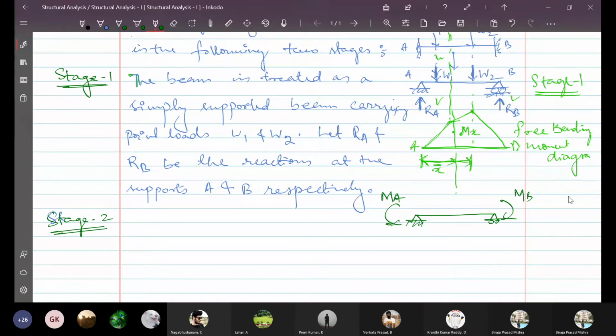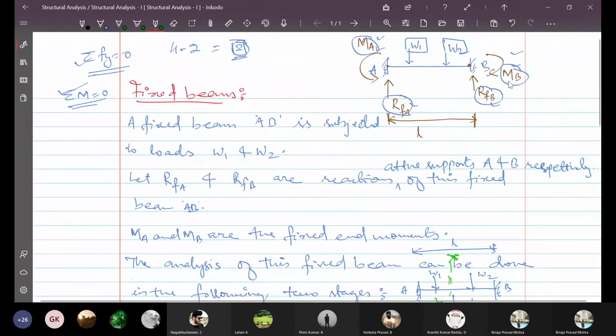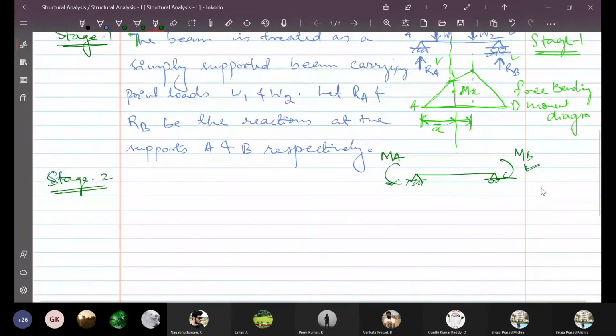So here we will not be considering any externally applied loads, only the moments will be there. Whatever moments will be developed here, MA and MB, those fixed end moments will be here.